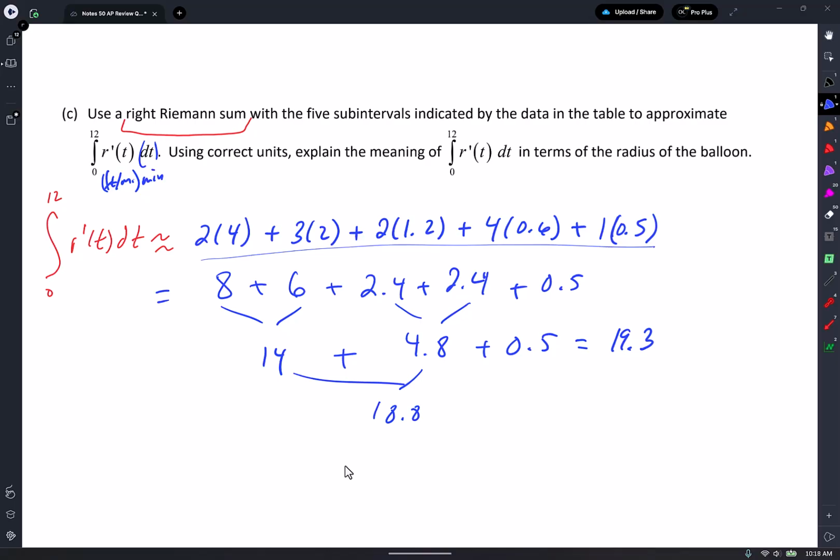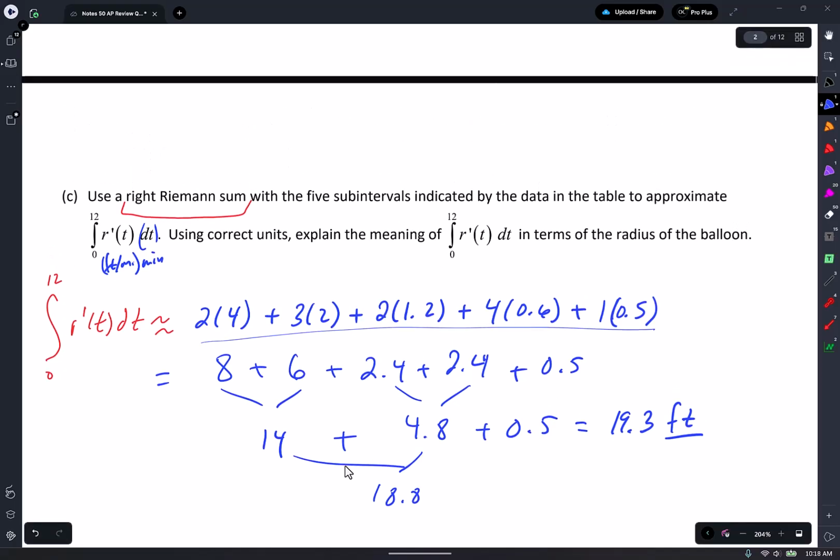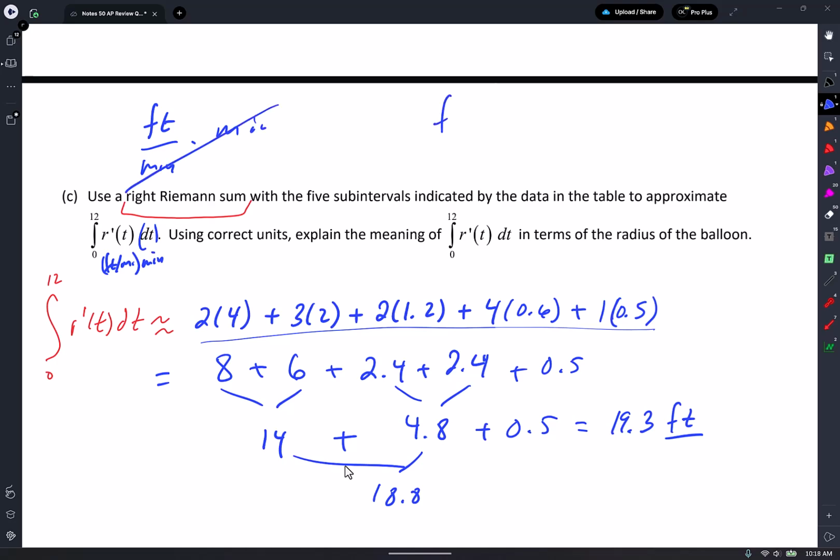So that's just going to be, no, just feet. Feet per minute times minute is just feet. If it were feet per minute divided by minute, that is feet per minute squared. Do you see the difference? Okay, let the units help you out.